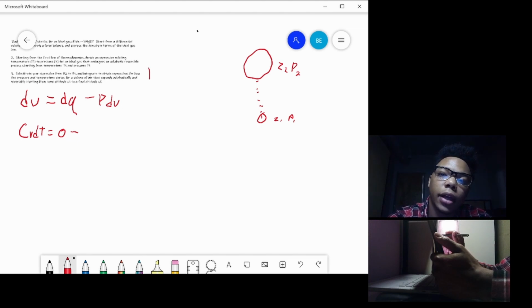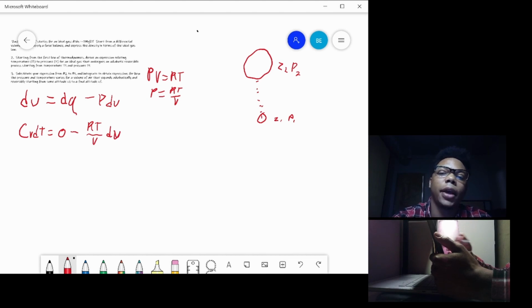But we do know that PV equals RT. So we're going to put P equal to RT over V and express this in terms of temperature also, so that we can find something later, and so we can put this in terms of dV.